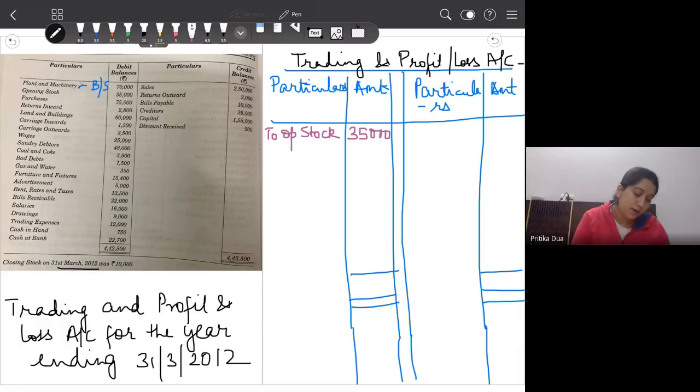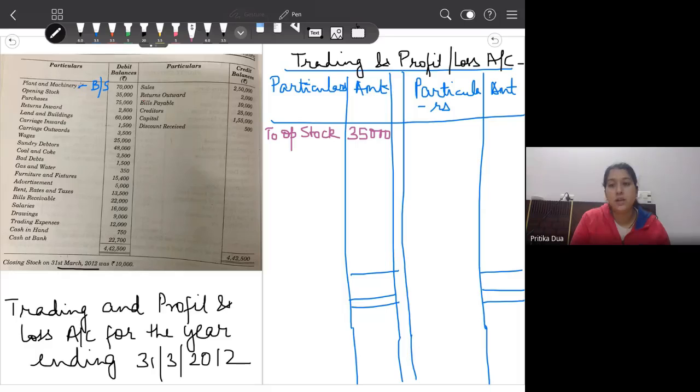Okay, after that, purchases. Purchases again relate to purchases of goods, purchases of raw material, and hence they come on the debit side of the trading account. But when we are solving, we should check on the credit side whether there is some return outward.